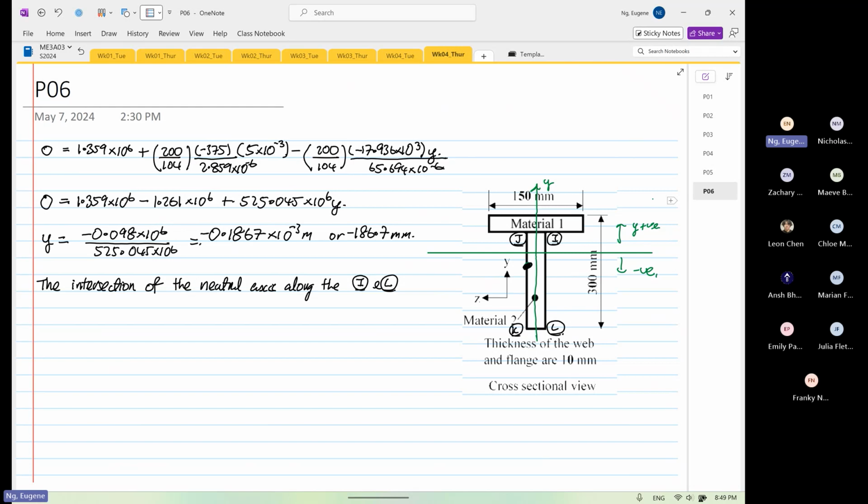The only difference now is that at I and L, Z is equal to minus 5 times 10 to the power minus 3 meters, because this line over here is 5 times 10 to the power minus 3. So that's the only thing that changed.